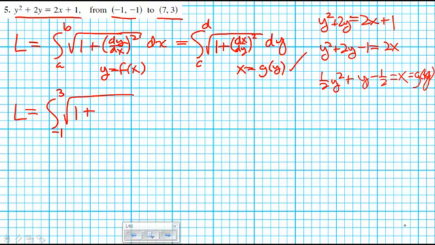Now what? Now let's find out what g prime of y is equal to. I don't know, did I do that right? Yep. All right. So that's the thing I'm going to take over to here.